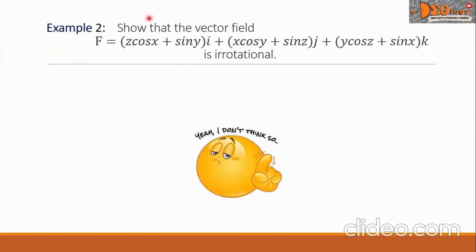Example 2: show that the vector field capital F equals the quantity z cosine x plus sine y times i plus the quantity x cosine y plus sine z times j plus the quantity y cosine z plus sine x times k is irrotational.